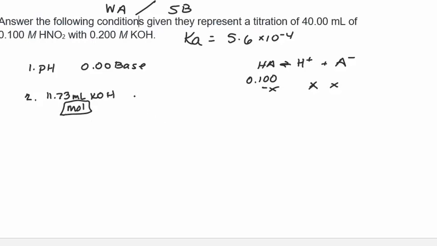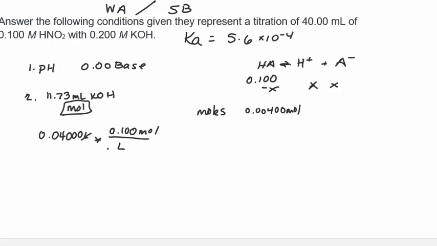So we start with 0.00400 moles of acid. And I got that by taking my volume, in liters, and multiplying it by the concentration. So that's moles per liter. Liters cancel out, multiply those things together.